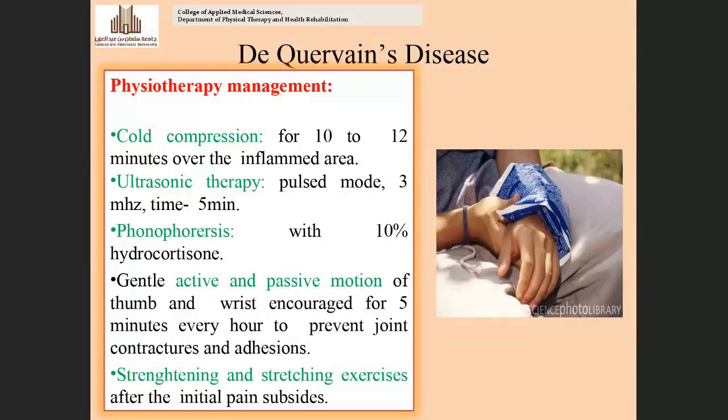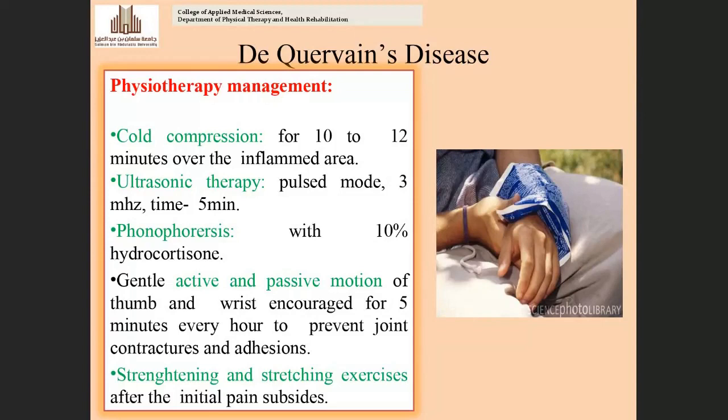If it is in the acute stage, you can use pulse mode at 3 megahertz for about 5 minutes. Iontophoresis is a type of treatment with the help of ultrasound, where drugs, especially hydrocortisone, are applied through the ultrasound. This procedure is known as phonophoresis.